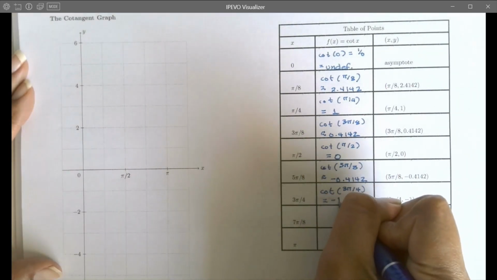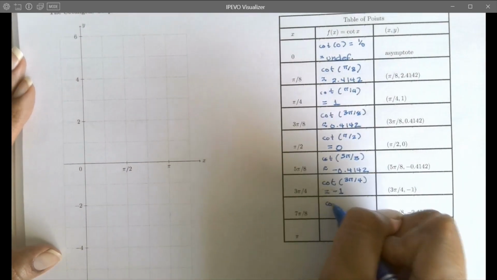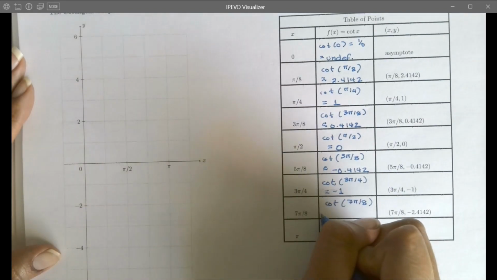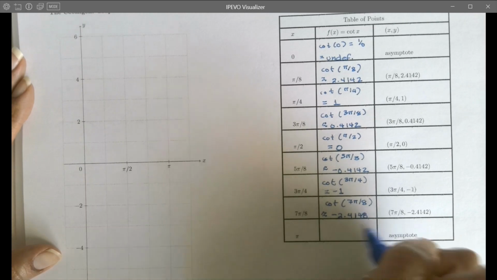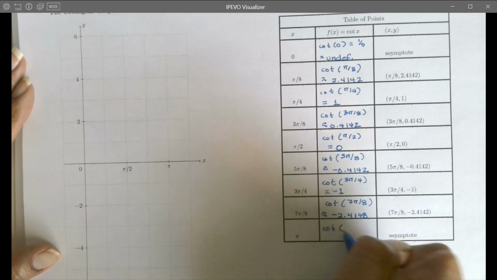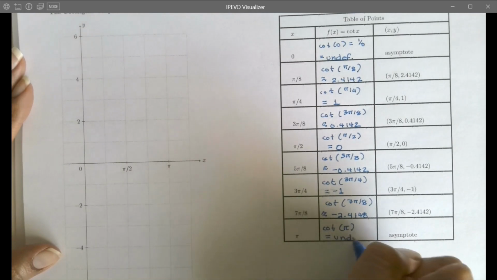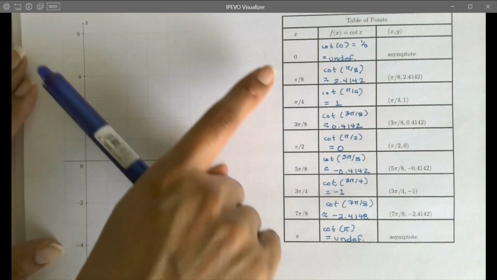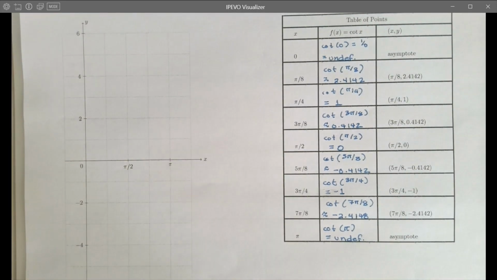You can check it on the unit circle. 7 pi over 8: cotangent of that will give us approximately negative 2.4148. And finally, cotangent of pi is going to give us undefined. So you should check this on the unit circle. Basically anything that is 0, pi over 2, or pi, or multiples of those values, check on the unit circle.